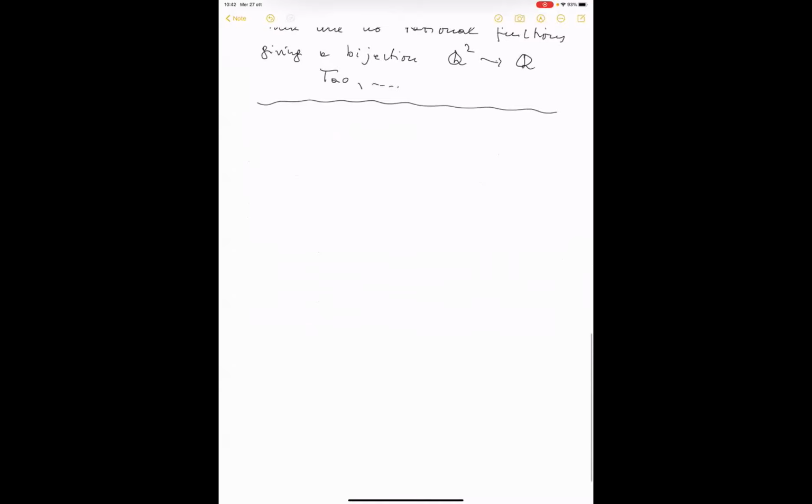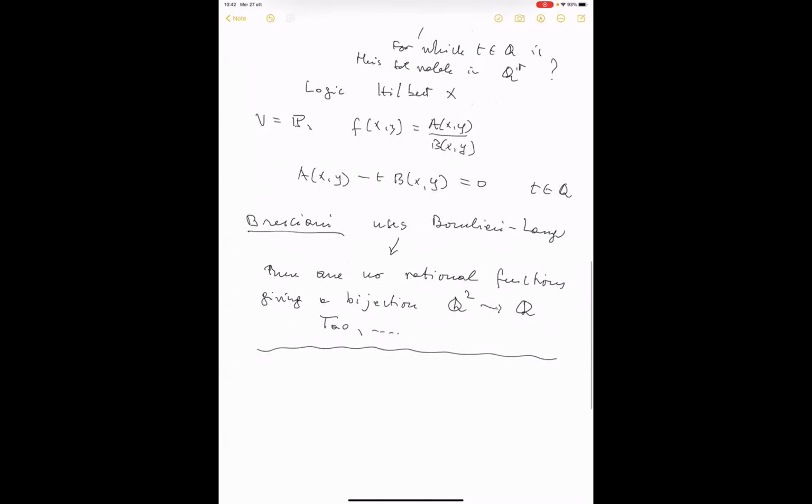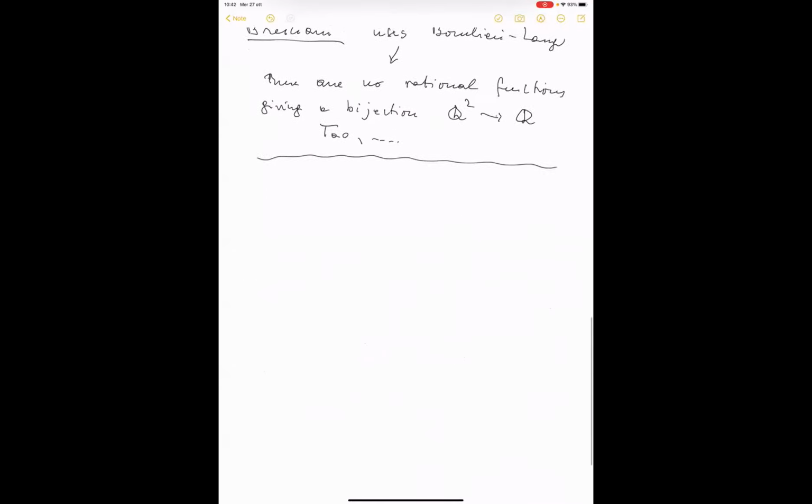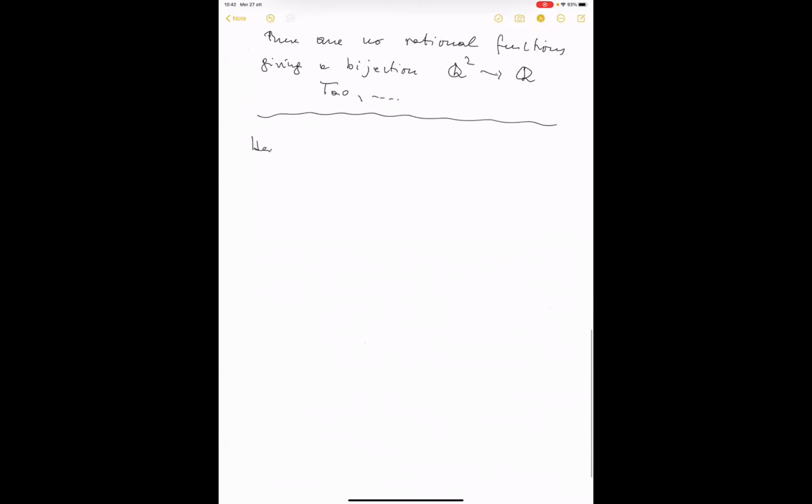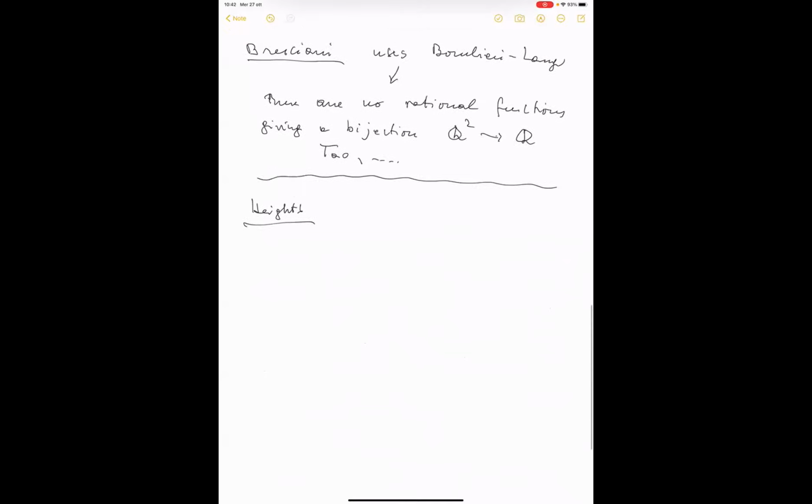So in dimension greater than one might try to use again heights. But here the previous thing fails.